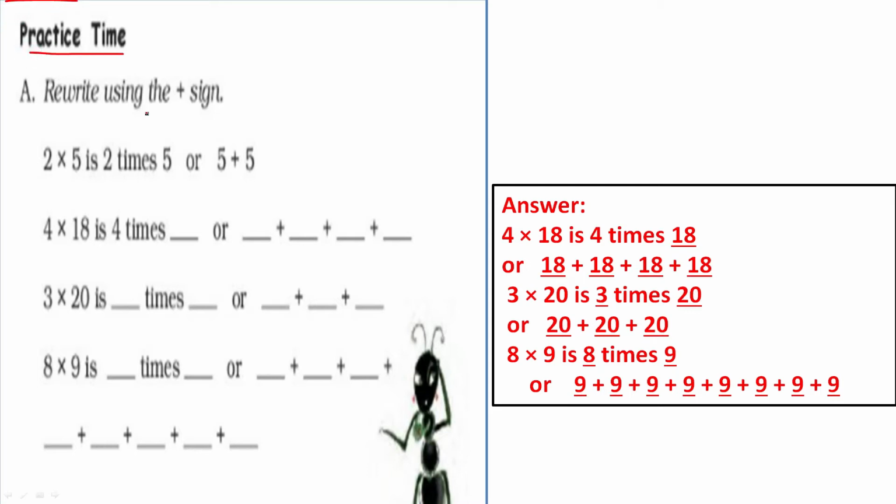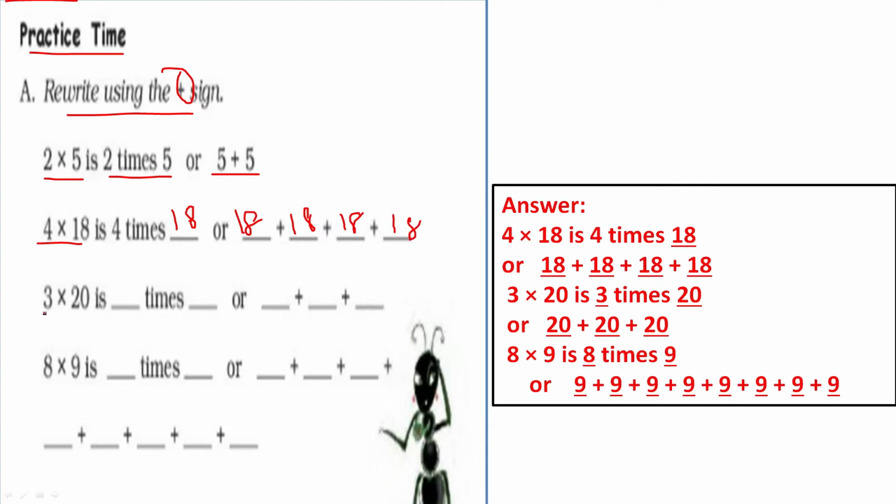Practice time. Rewrite using the plus sign. 2 multiplied by 5 is written as 2 times 5, or we can say 5 plus 5. Likewise 4 multiplied by 18 is 4 times 18, or we can say 18 plus 18 plus 18 plus 18.